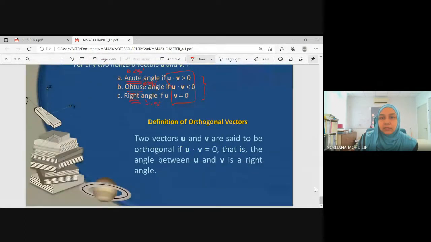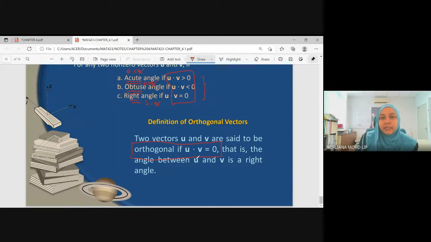And the last application is the definition of orthogonal vectors. The two vectors U and V are said to be orthogonal if U dot V is equal to 0.